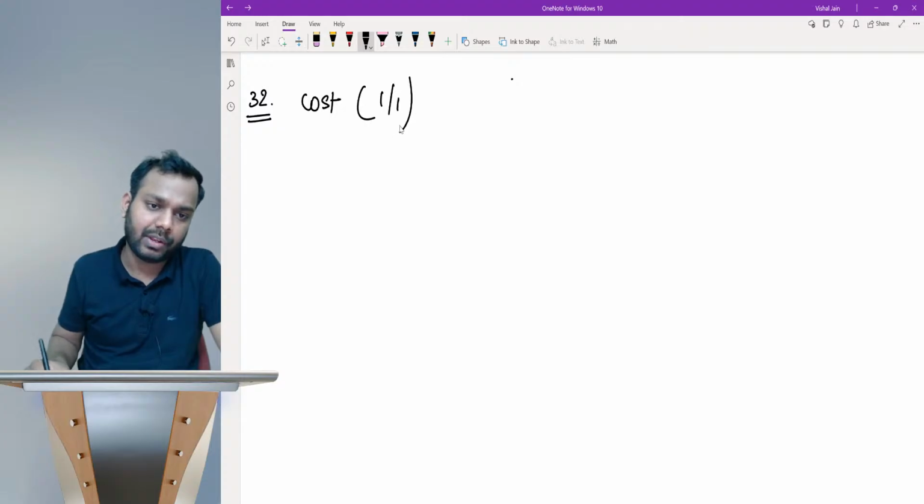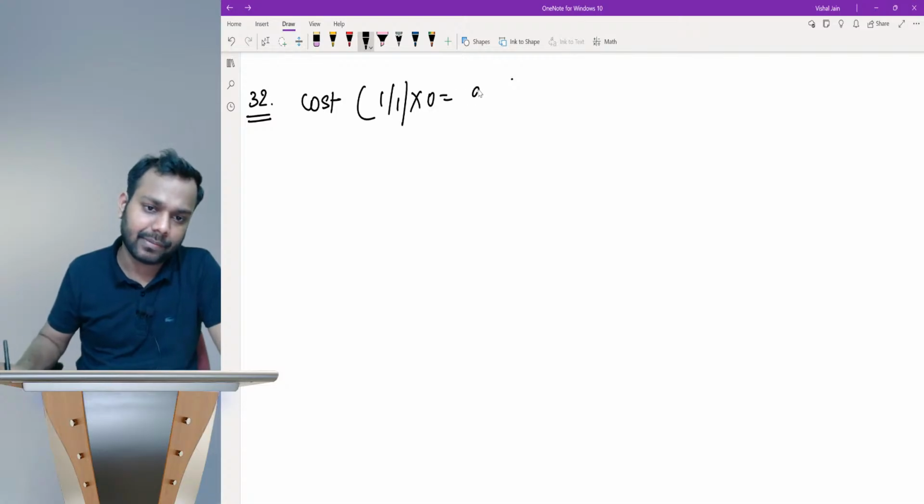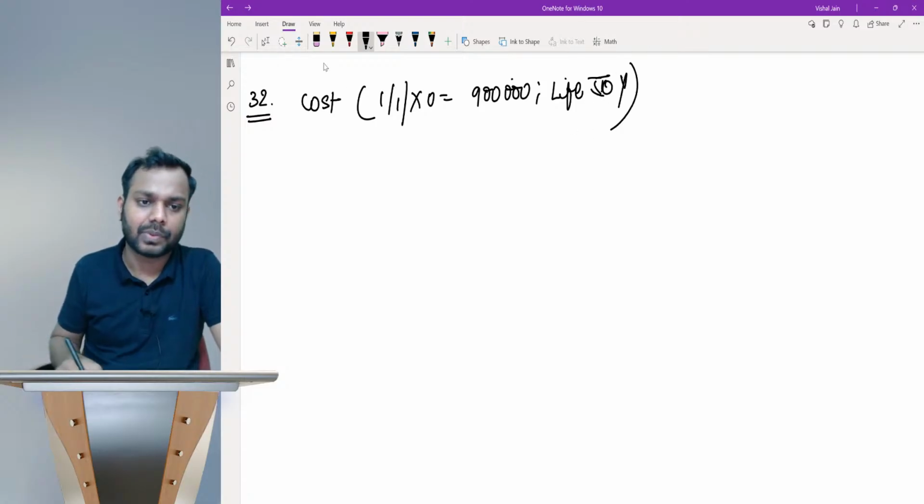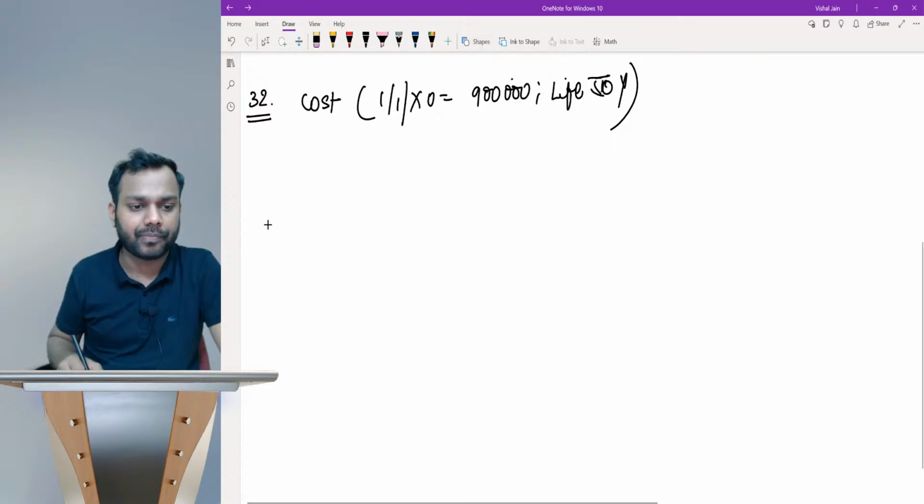It is 9 lakhs, and the life is 50 years. Now, what does the question say about the current year?